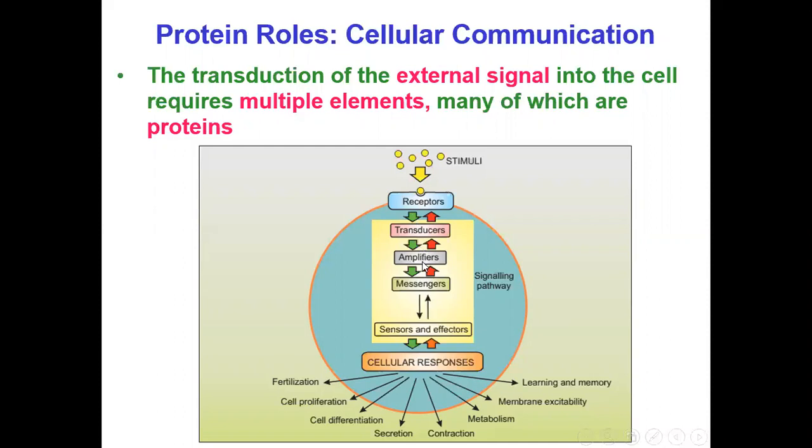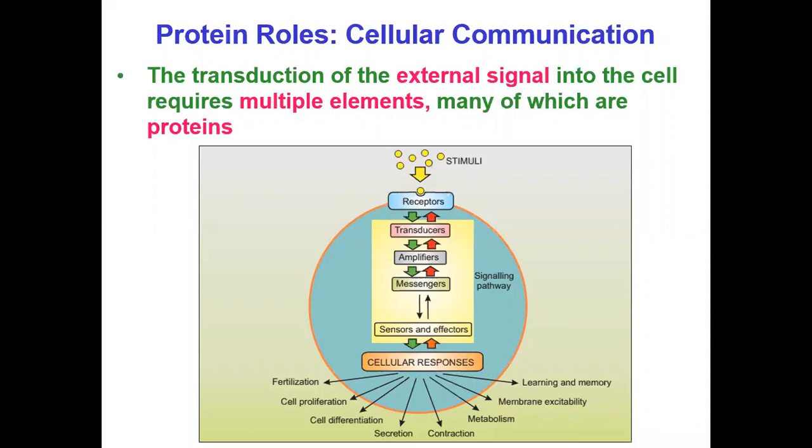And this goes on and results in the activation or inhibition of many elements inside the cell, most of which are proteins. These proteins can be enzymes that accelerate metabolic reactions. They can be transporters on the surface that allow the cell to import certain ions or molecules or export them.